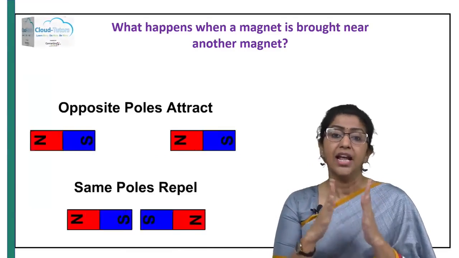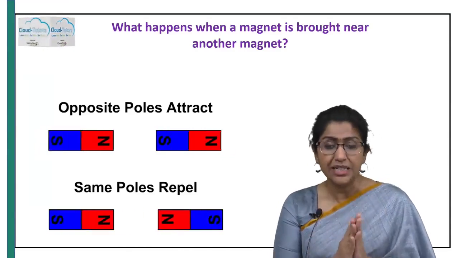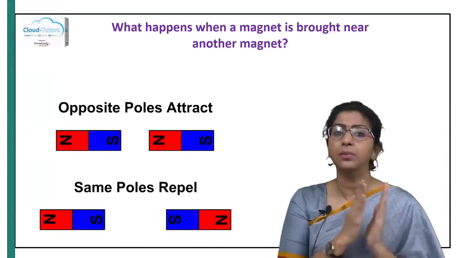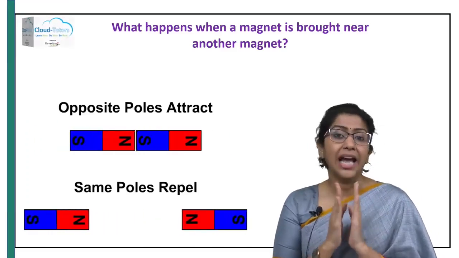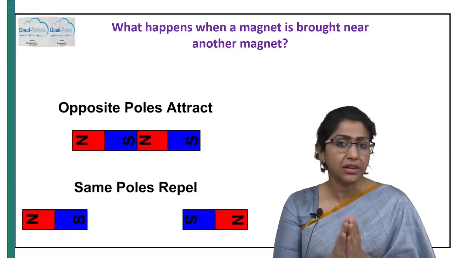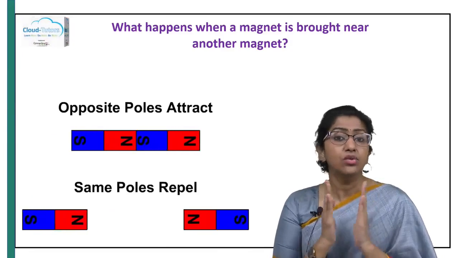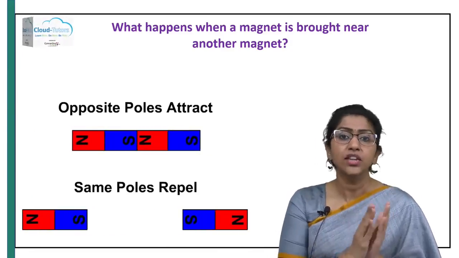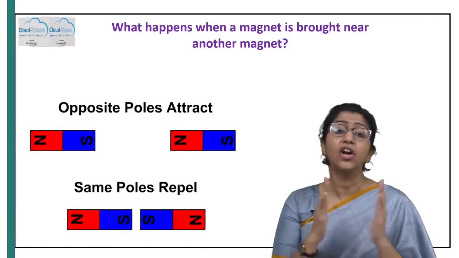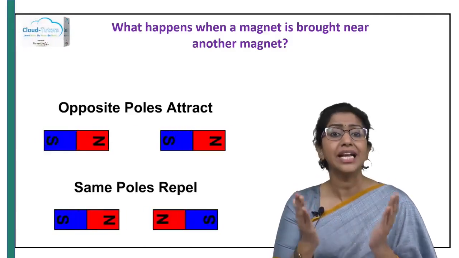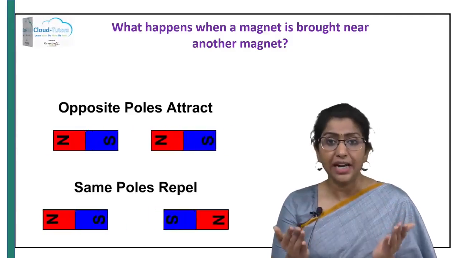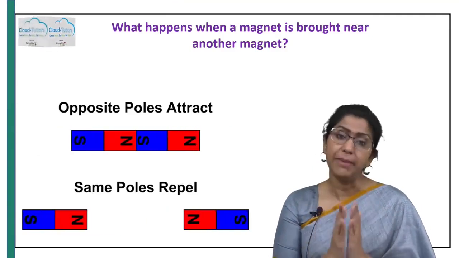What happens then? Each of these pieces will again have a north pole and a south pole. So what can we conclude by this? We can conclude that the two magnetic poles, that is north pole and the south pole, cannot be separated. They do not exist separately at all. They always exist in pairs.